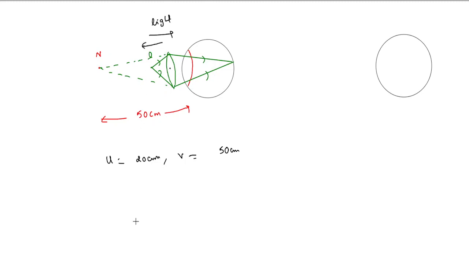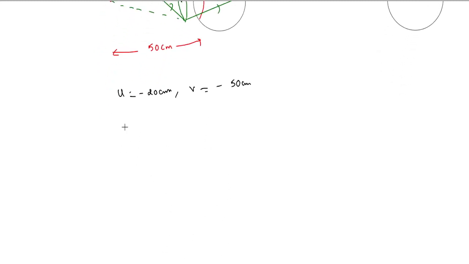So by sign convention both u and v are negative. So from the lens equation we know that 1 by f is equal to 1 by v minus 1 by u, which is equal to minus 1 by 50 minus of minus 1 by 20, that is equal to minus 1 by 50 plus 1 by 20.